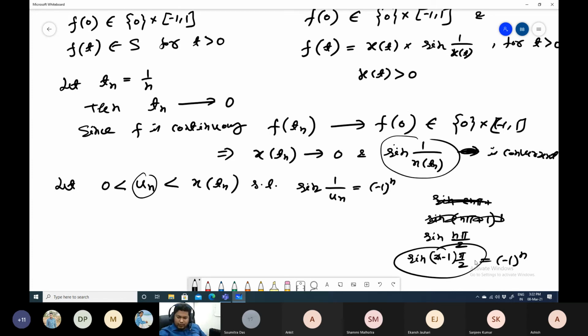Now if n equals 1, then it is pi by 2, that is 1. If n equals 2, then it is 3 pi by 2, right? So after this manipulation you can find one small number un, less than this, such that sine 1 by un is this.